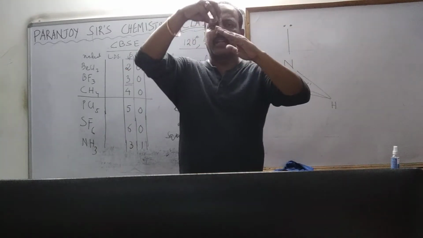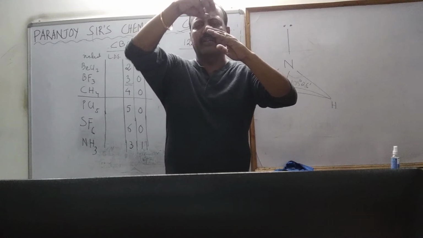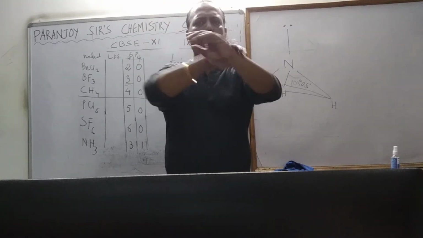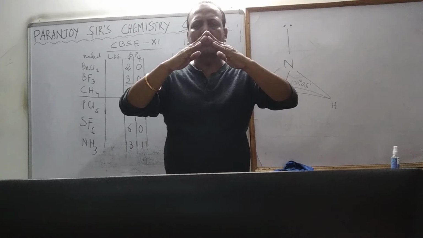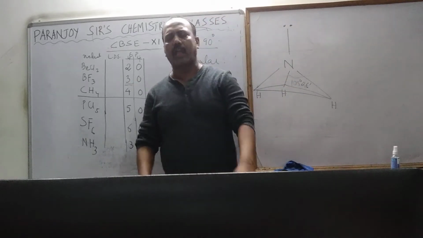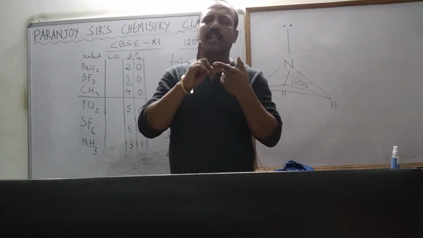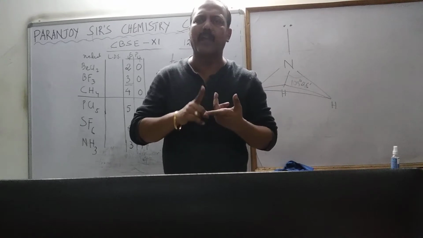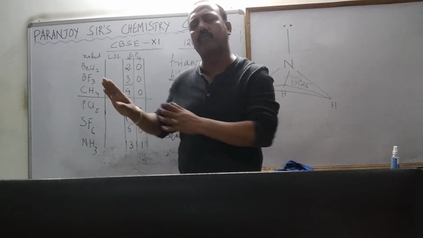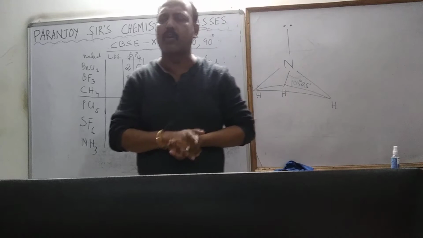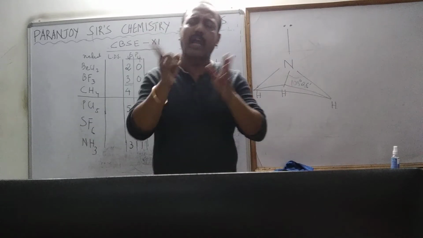A lone pair is there here, right? And what are my hands? These are bond pairs. What do we know according to the valence shell electron pair repulsion theory? That the repulsion between bond pairs is least. Till now, whatever we had, there were only bond pairs. Now we have lone pair also.